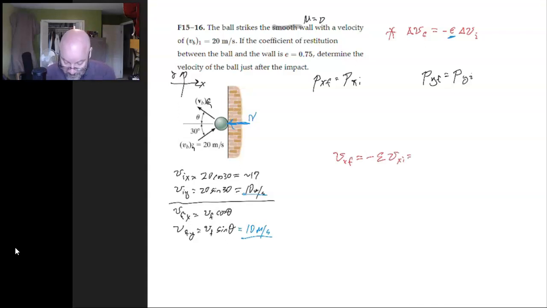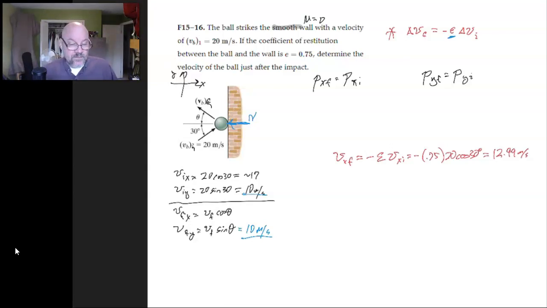So this becomes minus 0.75 times 20 cosine of 30 degrees. That's the number I calculated in my notes, and that is 12.99. I'm going to hold on to that extra digit since this is an intermediate answer.